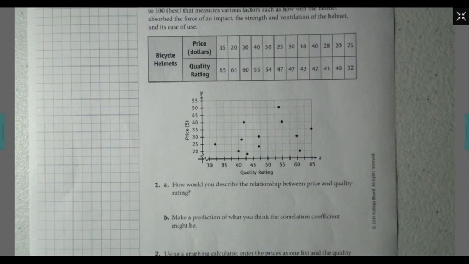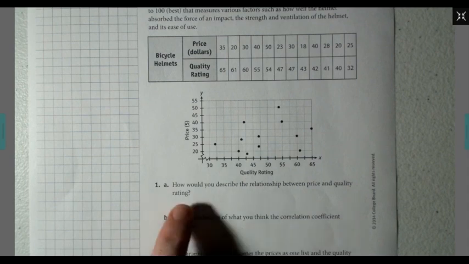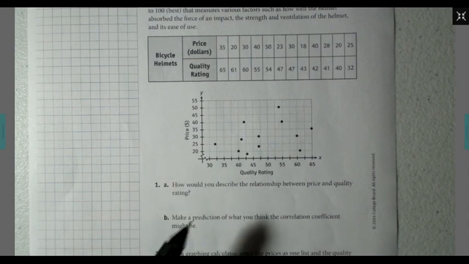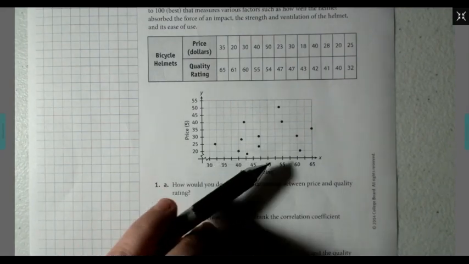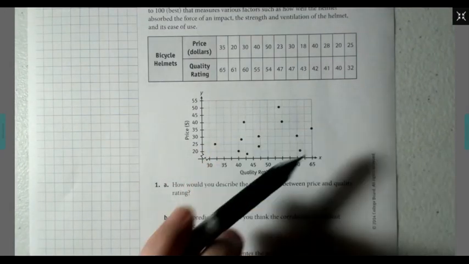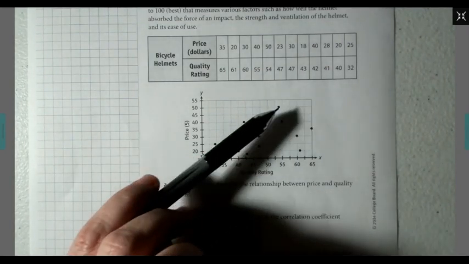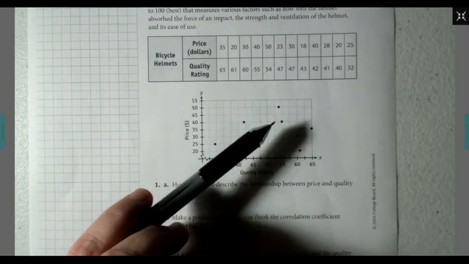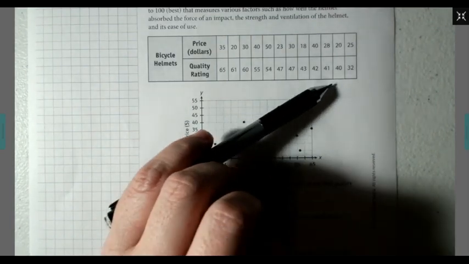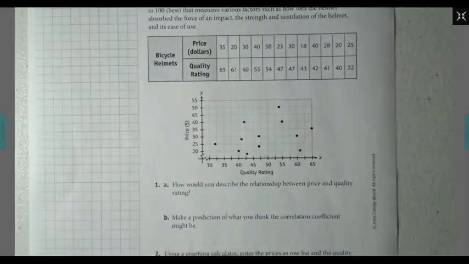If you're looking at this particular data, it seems that the higher the quality rating, the more expensive the price. Notice how it has this trend. It's not a very strong trend, I get it, but it's got this upward movement as one increases the other.